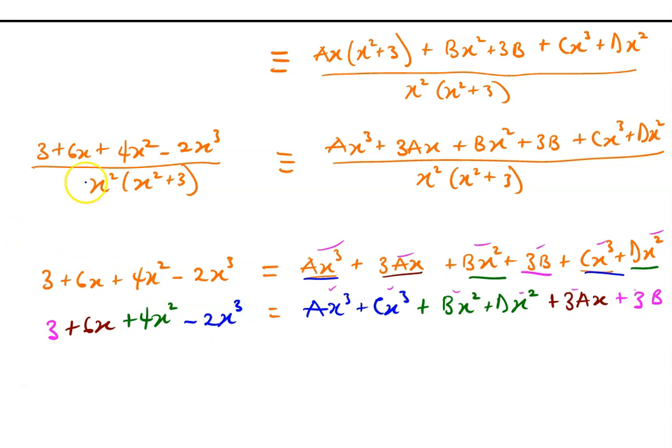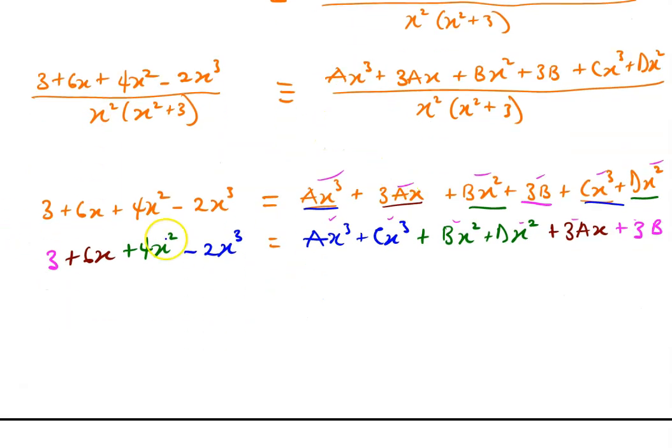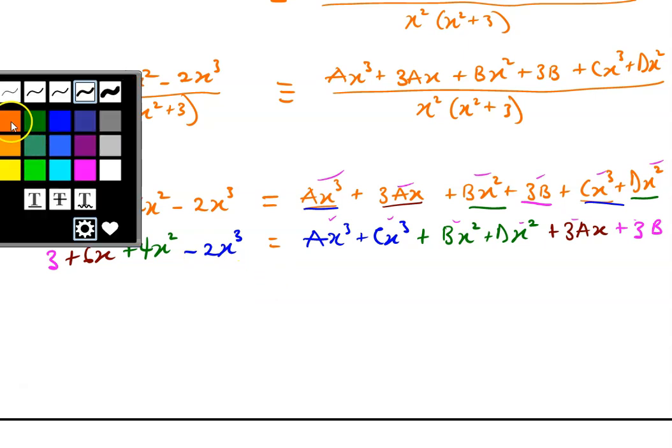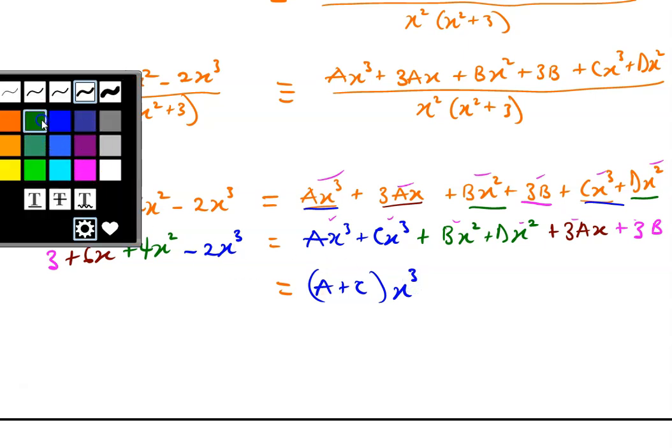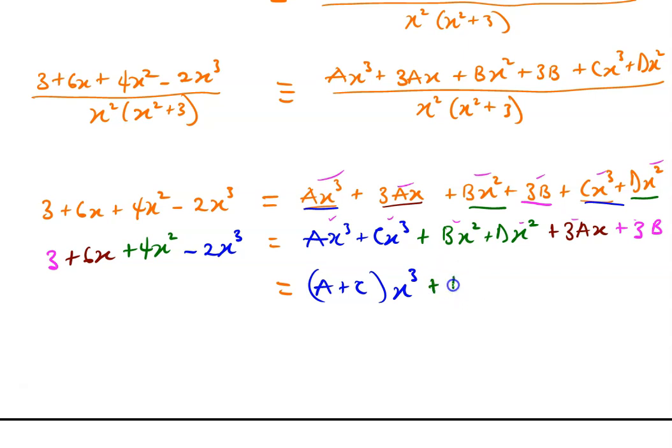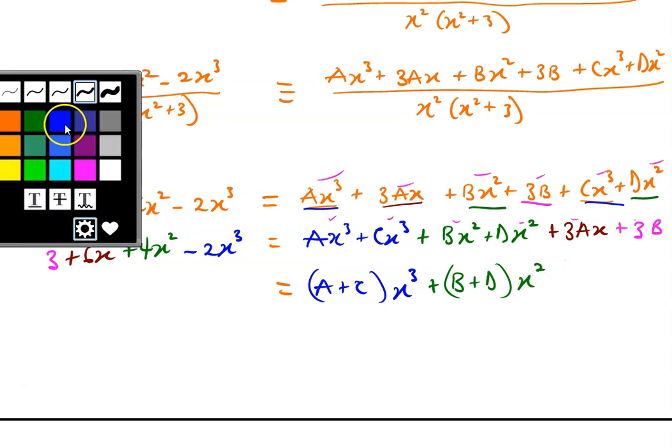Right. So let's proceed. We can factorize each of the terms over here. So factorizing each of the terms, I have what? (a plus c) into bracket what? x cubed, right? And I also have plus (b plus d) into bracket what? x squared, right? Then what again?